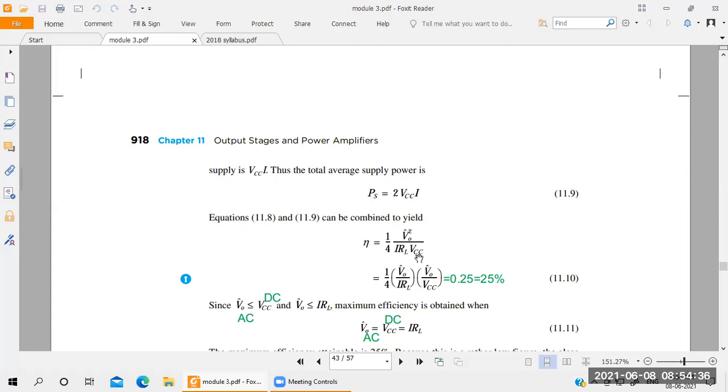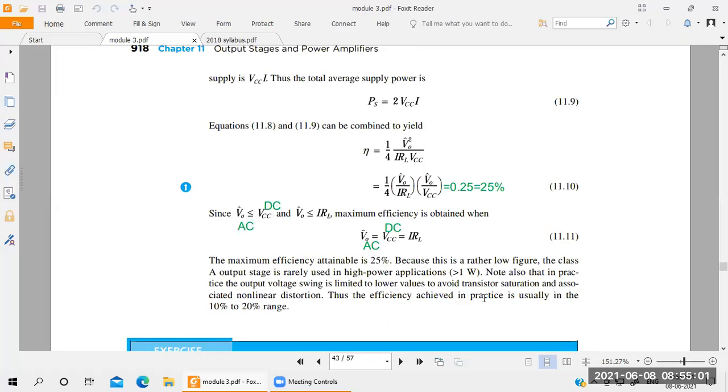For the class A amplifier, we are converting DC to AC. That's why you can take the AC voltage almost equal to the DC voltage. So wherever V naught is there, you can substitute VCC, or wherever VCC is there, you can substitute V naught. From that you can simplify this. You get 1 by 4, meaning 0.25, then 25%.